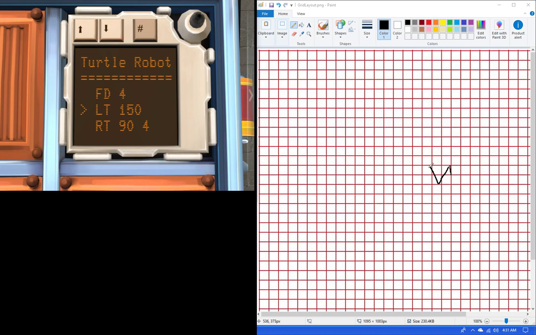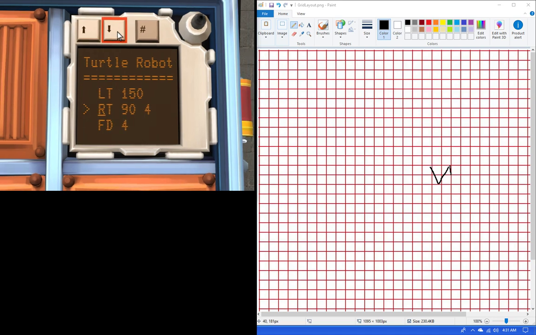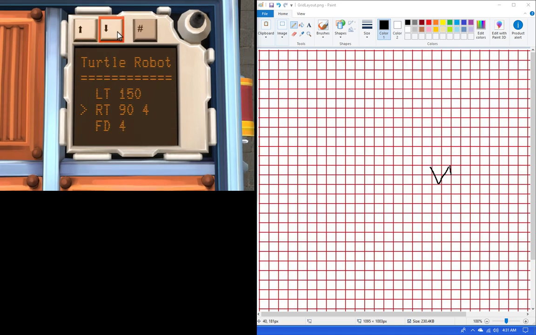Doing that, yep, and I have to rotate 90 degrees. So I'm facing down, I need to go right. But that's also a bug. So let's see.